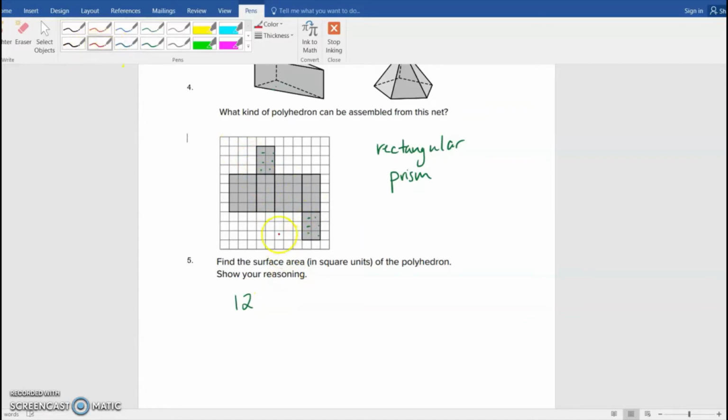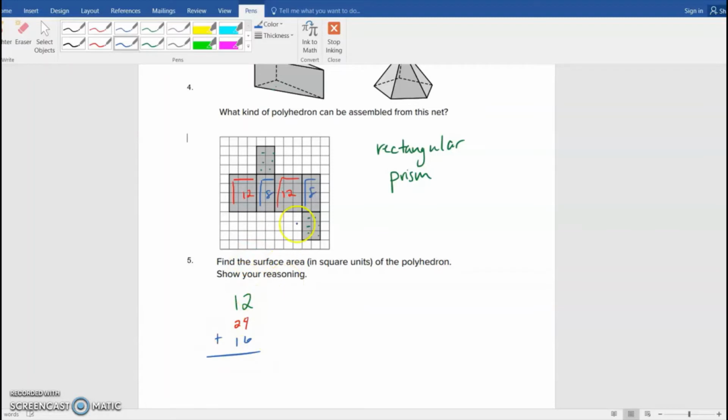My next sides, I could call this a 3 by 4. So 3 times 4 is 12, meaning this one would also be 12. It matches. So 12 and 12 is 24. And then lastly, I have these 2 sides, which is 2 by 4, 2 by 4. So this is 8, and this is 8, for a total of 16.